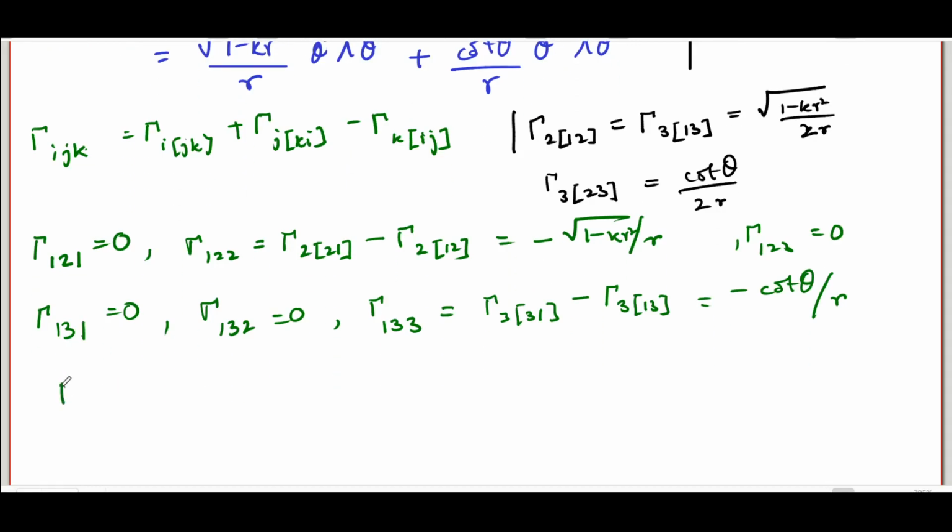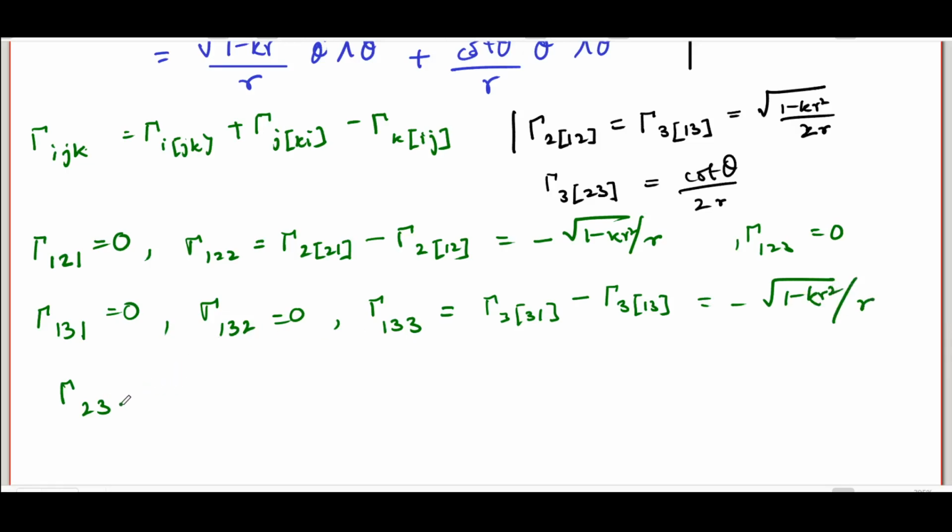In fact, when I said negative of the double of this, I meant the double of this, so that was wrong. It's minus root over 1 minus kr² over r.